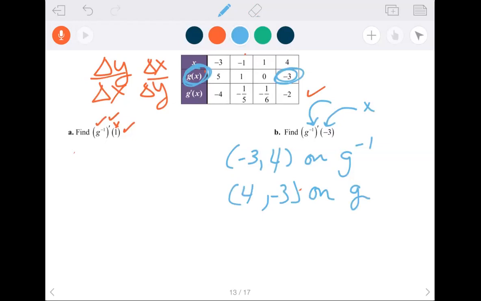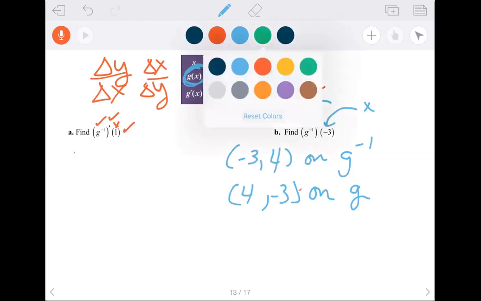So if -3, 4 is on g inverse, 4, -3 was on g because they swap out their x's and y's. And again, I'm just reiterating what we did yesterday because it's always good to slide back a little bit before we slide forward, right? So I can go find g prime.